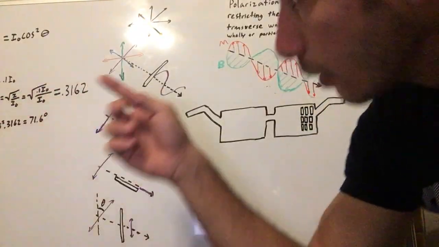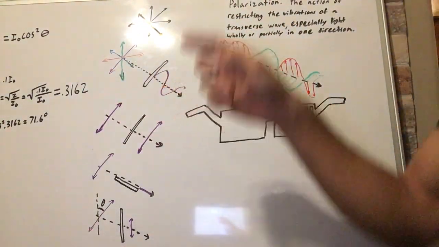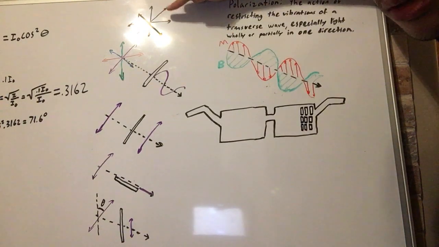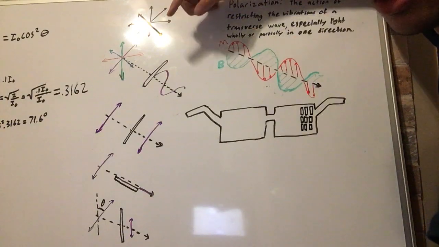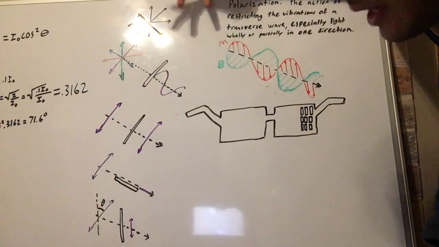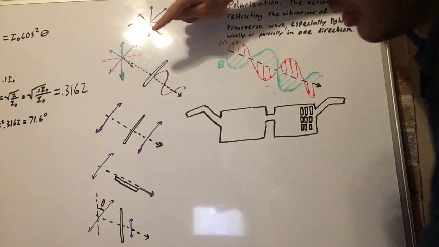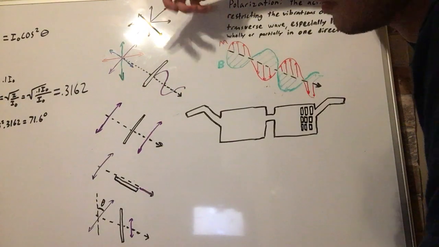Sorry, there's some glare on that. This is a great way we can look at light in general. Light is made up of a bunch of different components, oscillating in different directions. This is natural white light, like sunlight. I drew it in different colors to represent the different directions, the different components.